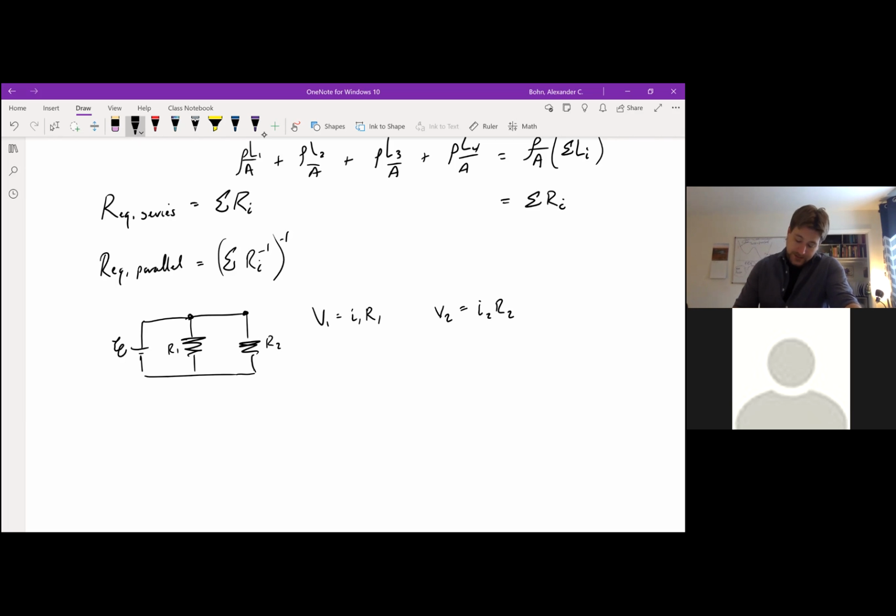Okay, so the potentials across them are equal.